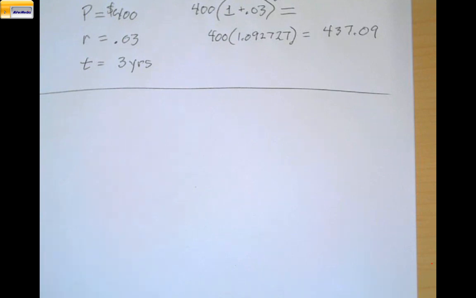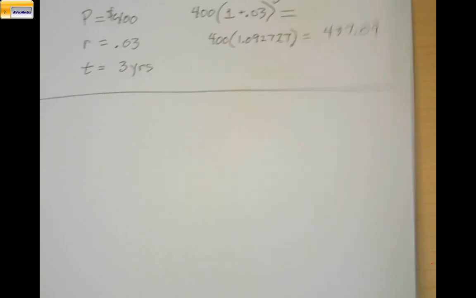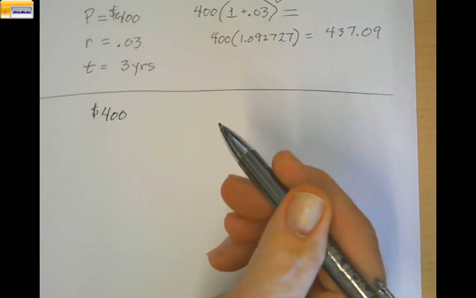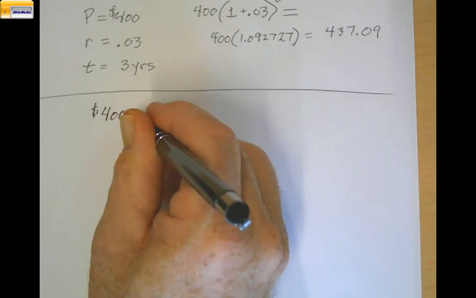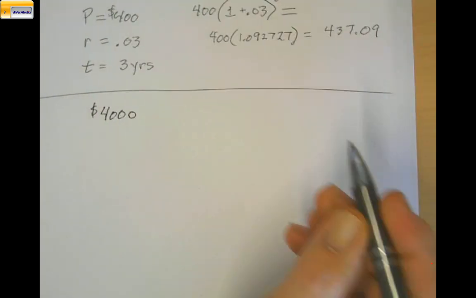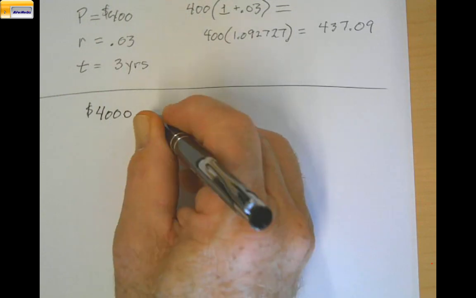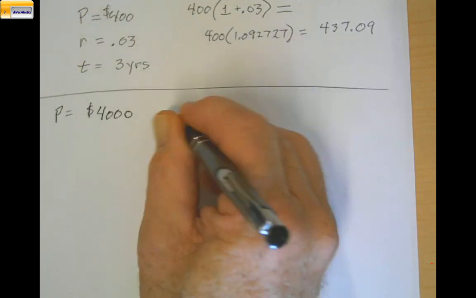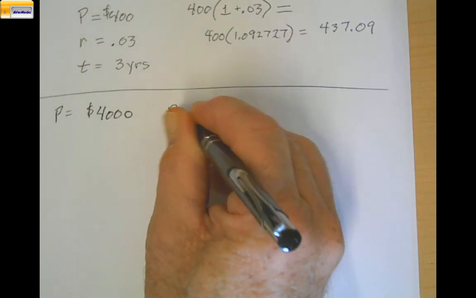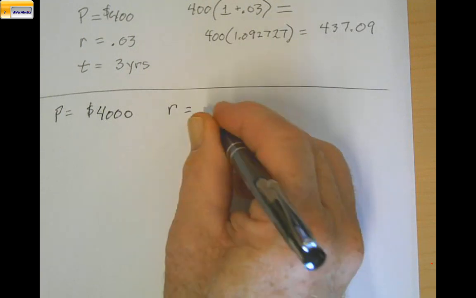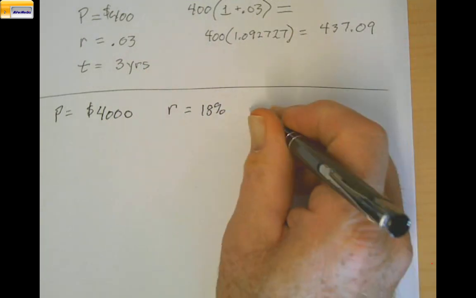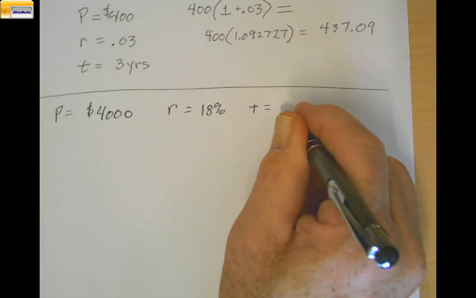Let's use the example we had before, which was we had $400. Let's say you're taking out a loan for $400. Well, let's make it 4,000. All right, $4,000 loan, so that's the principal, and the rate is going to be 18%, and the time is going to be 10 years.